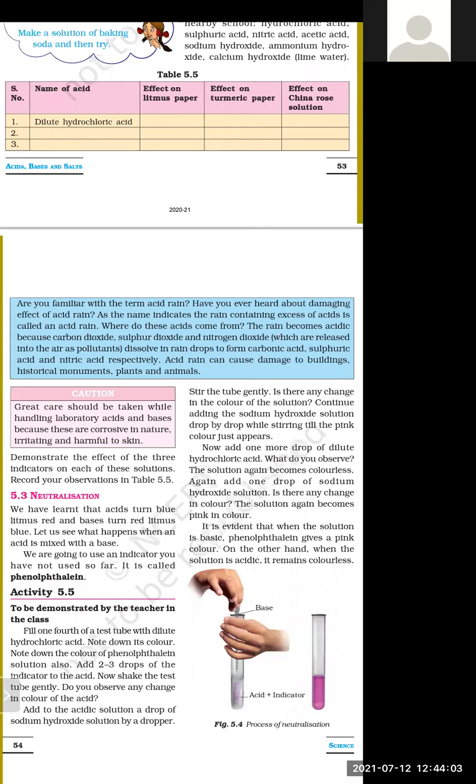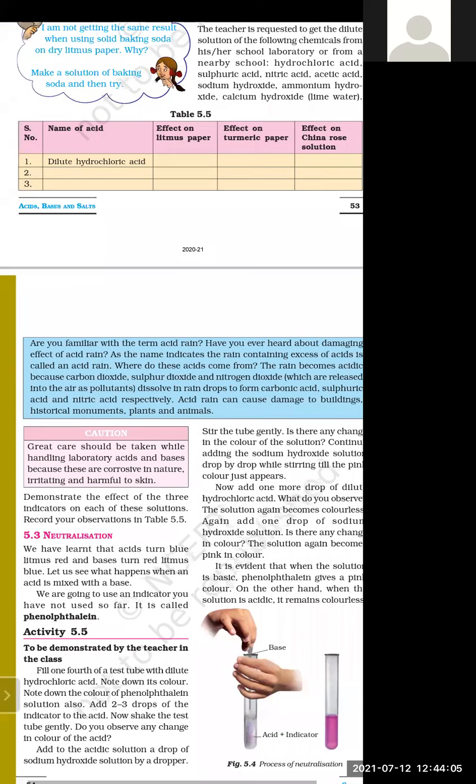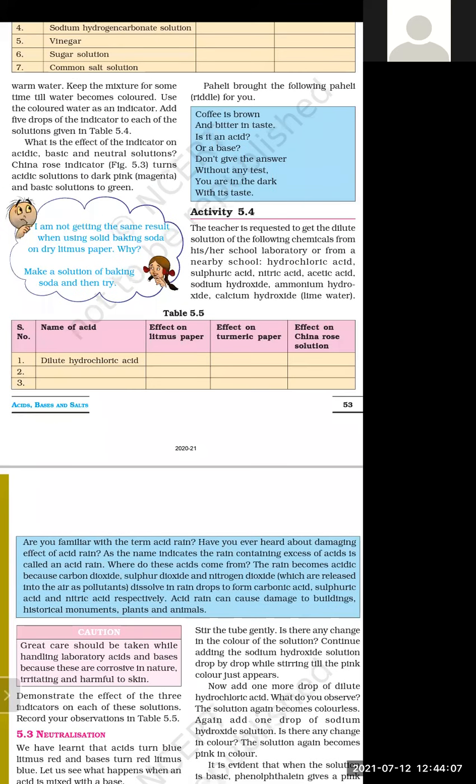With the help of China rose, we can check whether the given solution is acidic or basic. If the solution turns dark pink in color, then the solution is acidic in nature. If the solution is basic, then the color will become green when we check with the China rose indicator.